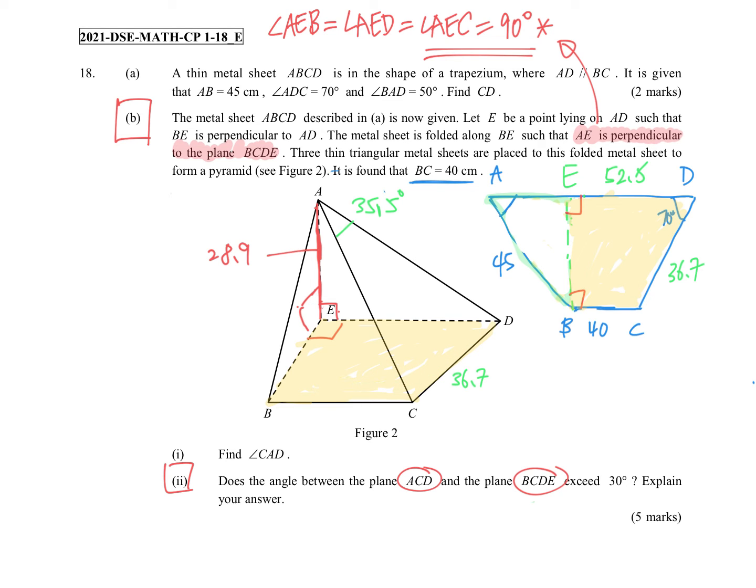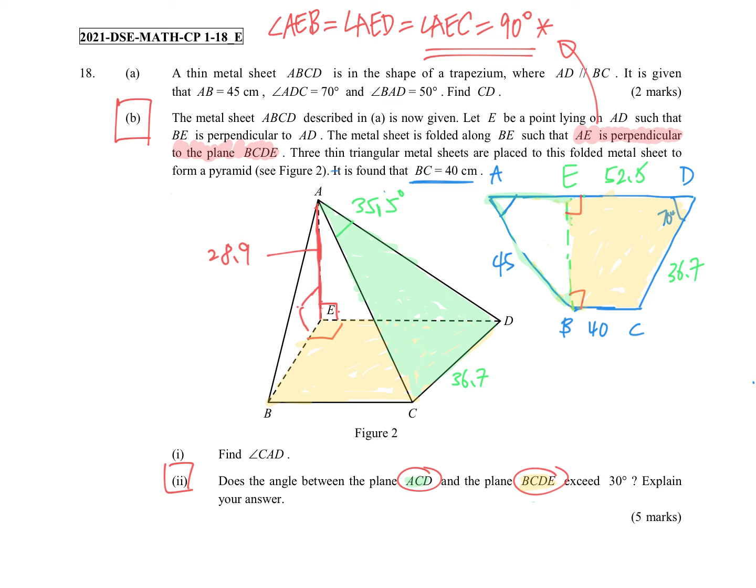And then the next plane would be, so this is yellow, this is green maybe. And then you can see the two planes intersect at line CD.